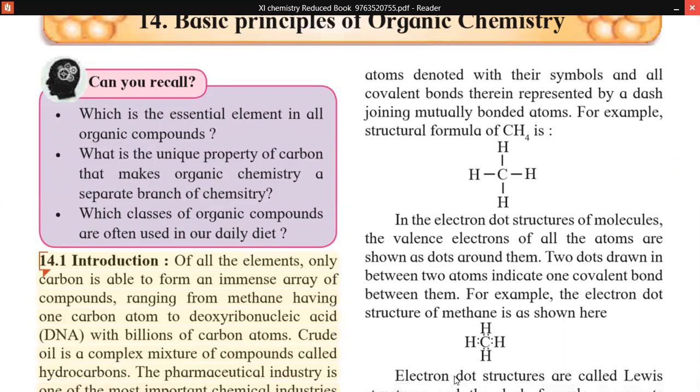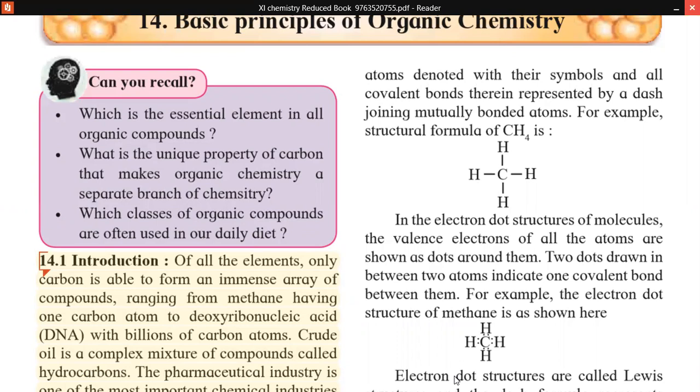We know this chemistry subject is divided into mainly three branches: physical chemistry, inorganic chemistry, and organic chemistry. The 11th and 12th standard chemistry syllabus is divided into these three branches.